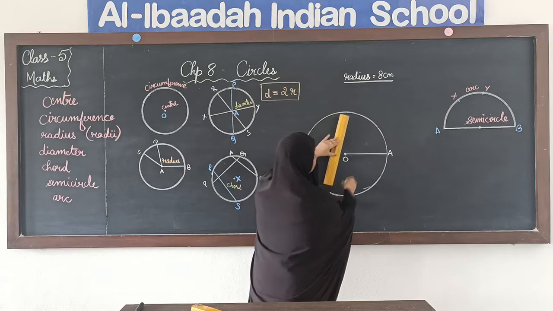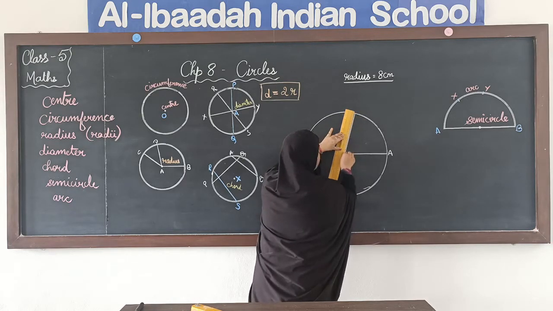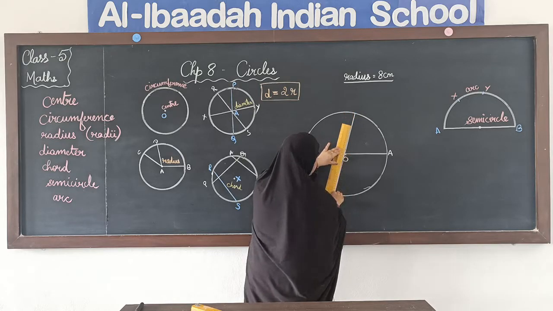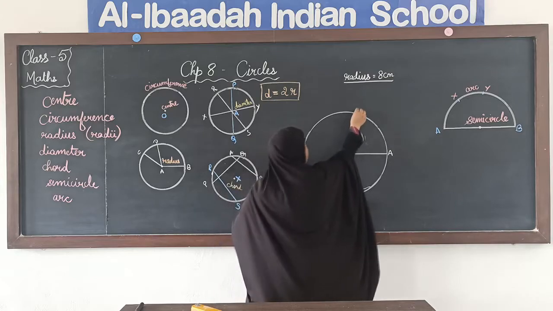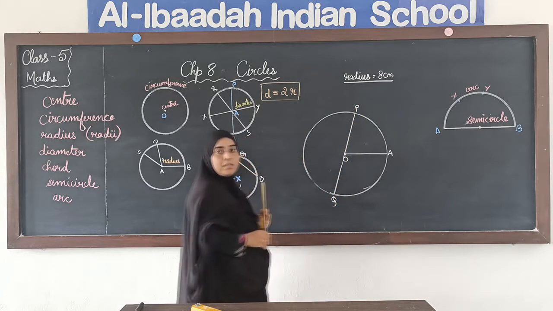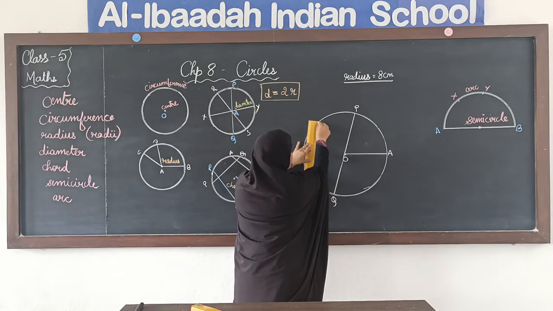Let me draw a diameter. Diameter will join two points on the circumference passing through the center. Let me name it PQ. PQ is the diameter.